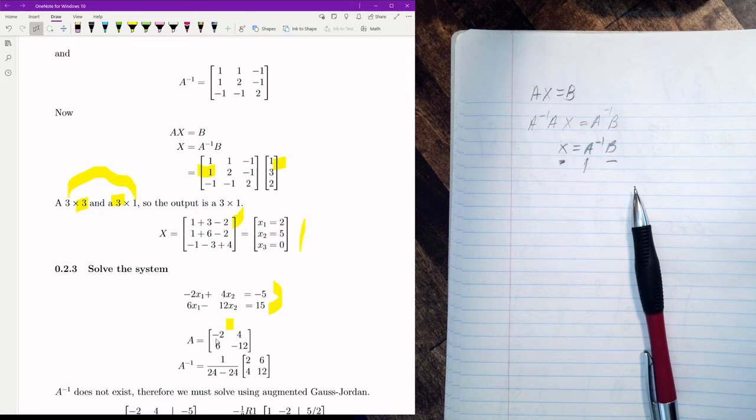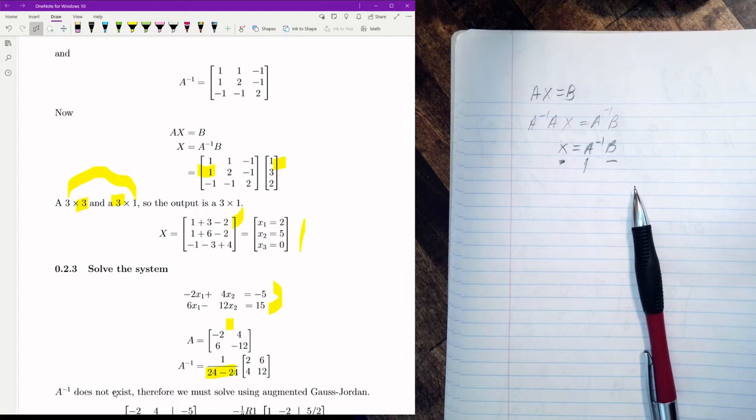But what we notice right off is minus 2 times minus 12 is 24, minus 24. So we have a 0 in the denominator. Therefore, A inverse does not exist. So we can't use this method to solve.